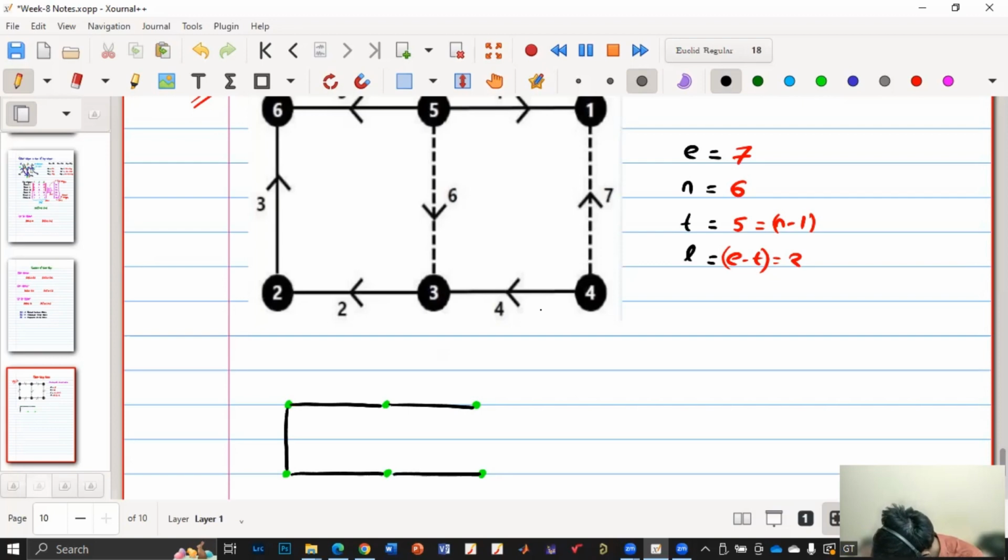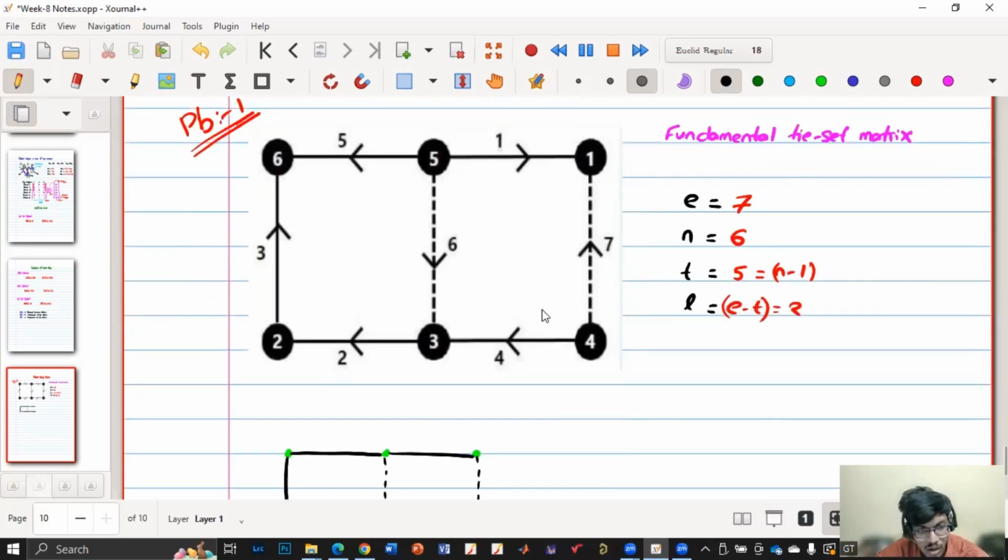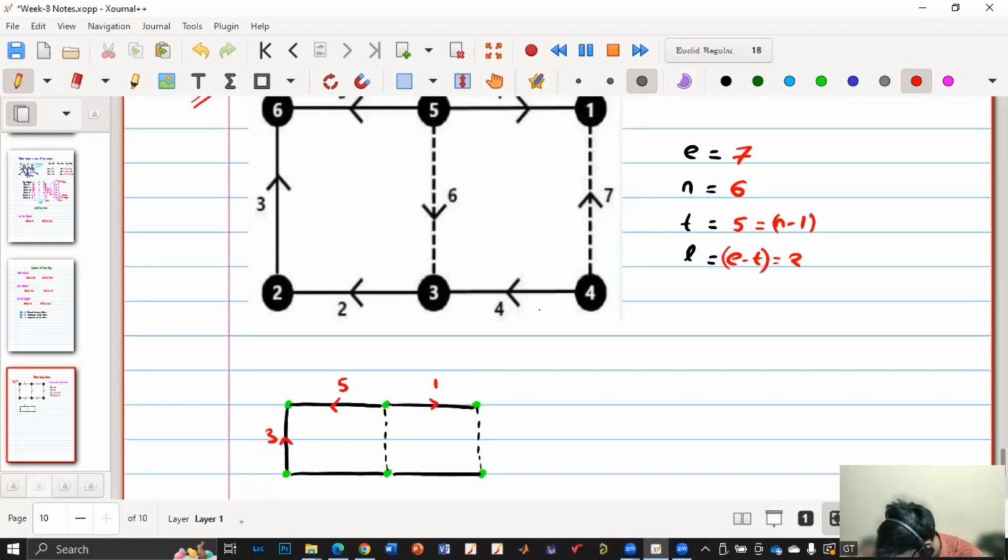And these are dots. First I'll draw the current direction. So this is my 5, this is my 1, and then this is my 3, this is my 6, and this is my 7, this is my 2, and this is my 4.